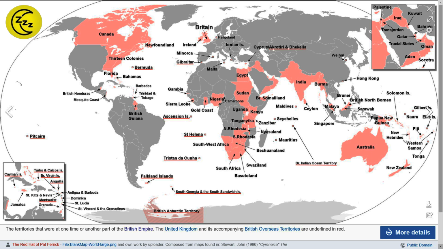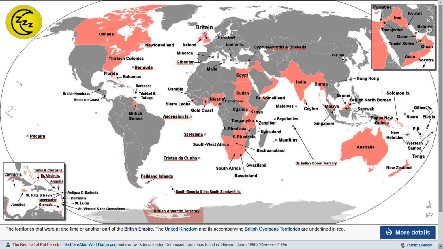In return, they were expected to conduct all their trade by means of English ships and to serve as markets for British manufactured goods.